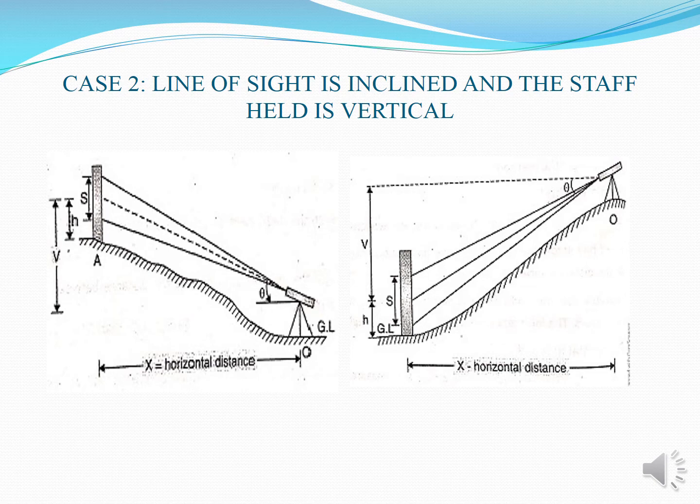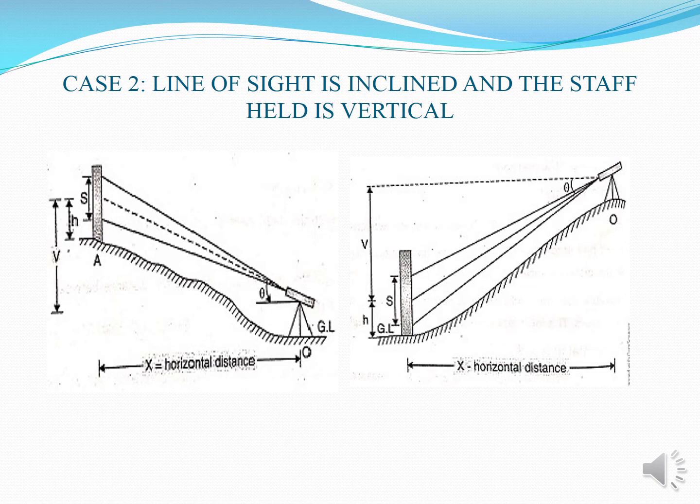For both the figures case 2 is applied here, that is line of sight is inclined and the staff held is vertical, and from point O to A the horizontal distance is marked as capital X. You have to find out that distance X and V.